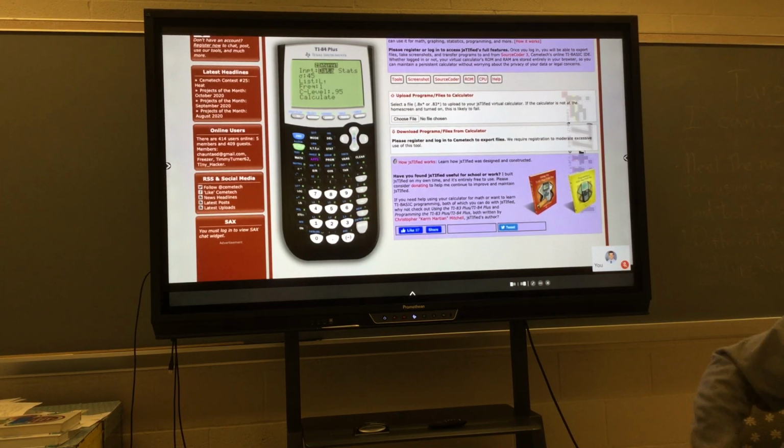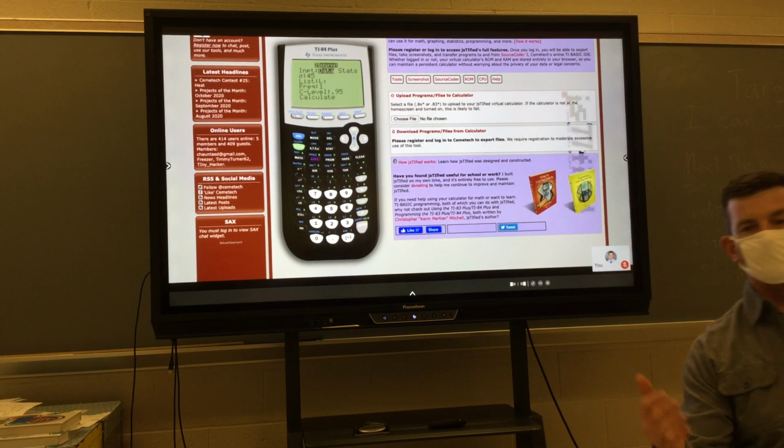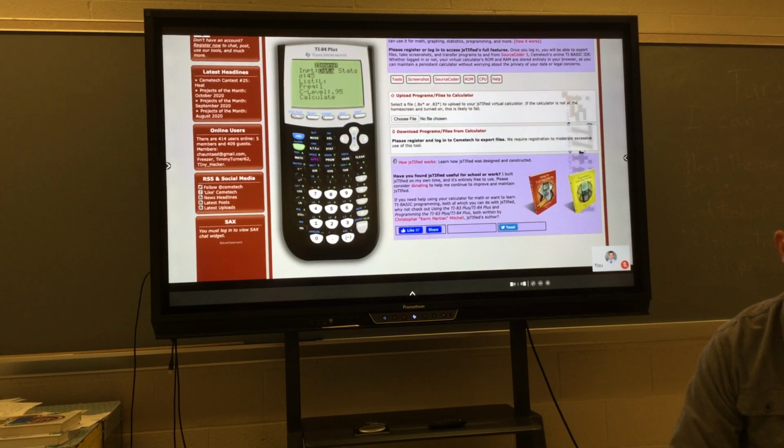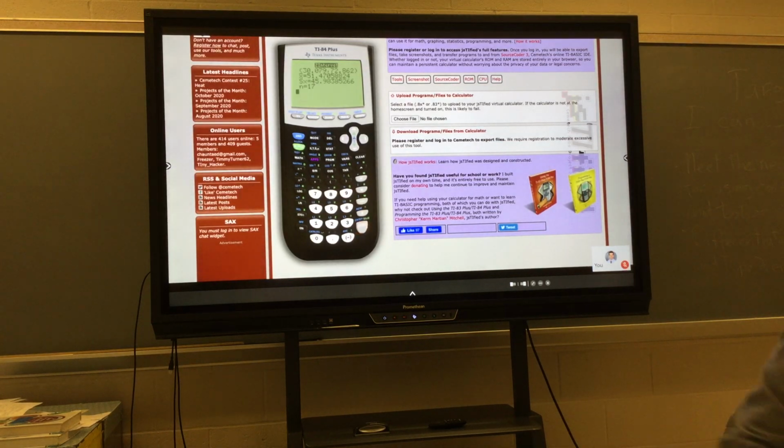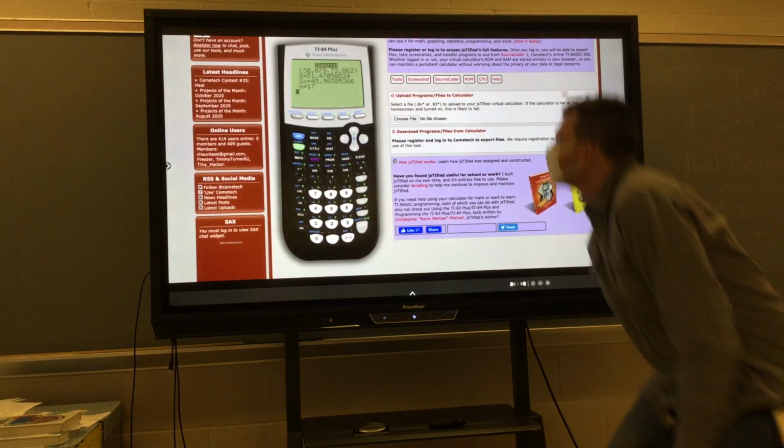And in letter D, I should have put it in C as well, it says that we're going to work with a population standard deviation of 45. So let's put that 45 in there. Everything else it gets from the list. 95% level of confidence. We hit calculate. There we go.